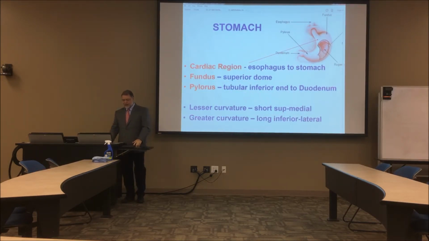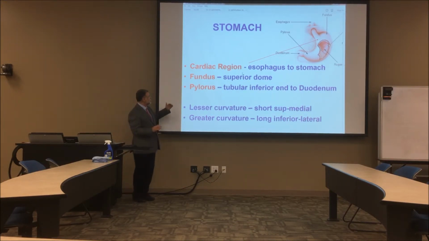The stomach starts at the cardiac region where the esophagus ends, just crossing at the level of the diaphragm. Then you have a small area of tissue that goes into the stomach, and then has three other parts that are very important.